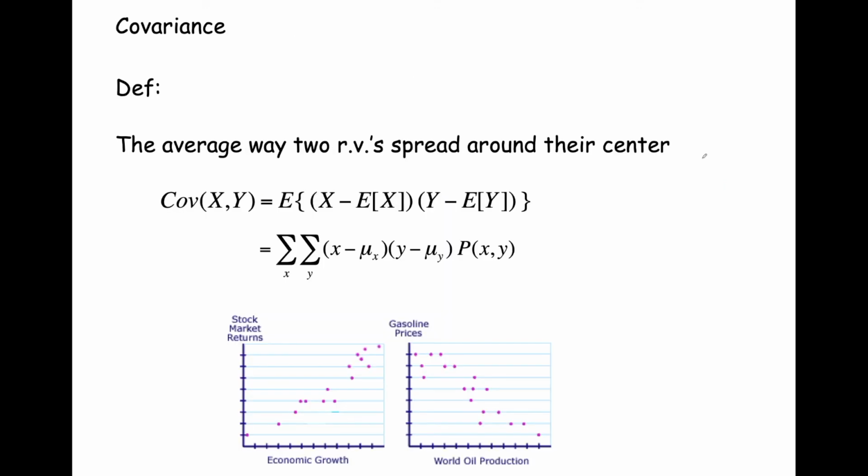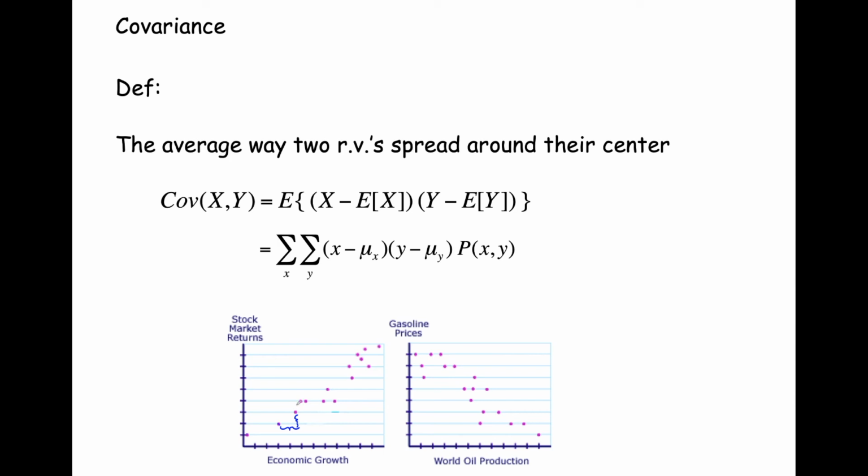So covariance, not variance, but covariance describes the way that two random variables spread around their center, one influencing the other. And so here we have two graphs. On the bottom left, we have on the horizontal axis economic growth, and on the vertical axis, we have stock market returns. So if you look at these sample points, these data points, well, for a certain increase in economic growth, you have a commensurate unit step increase in stock market returns.